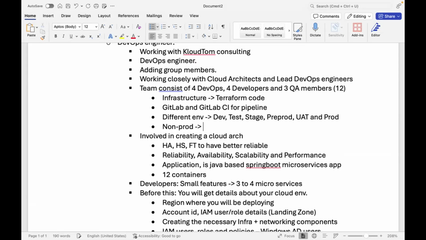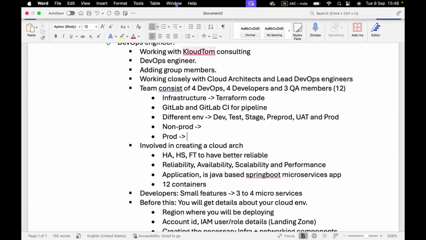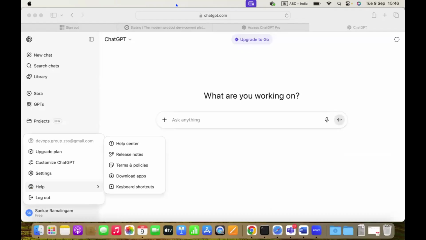What is there in the non-prod account? Any idea? Anyone has a clue on this? What is non-prod? What is prod? Shweta? Sir, production stage, sir.